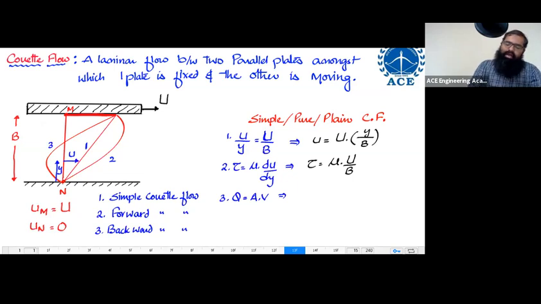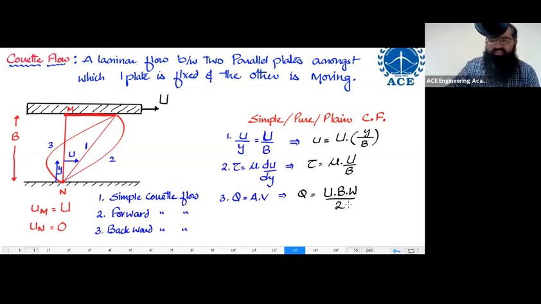Logically, since it is a linear variation over here, capital U by 2 will be average velocity. So discharge is equal to average velocity capital U by 2, multiplied by the area B times W.